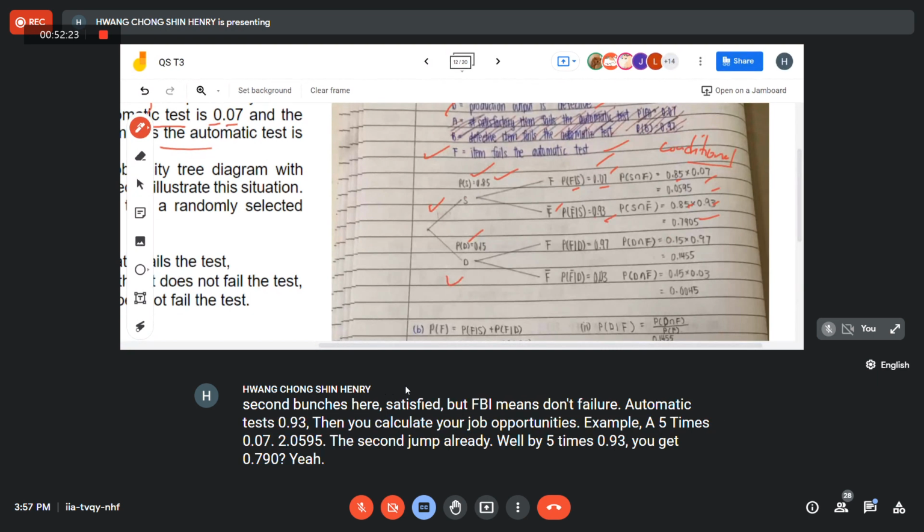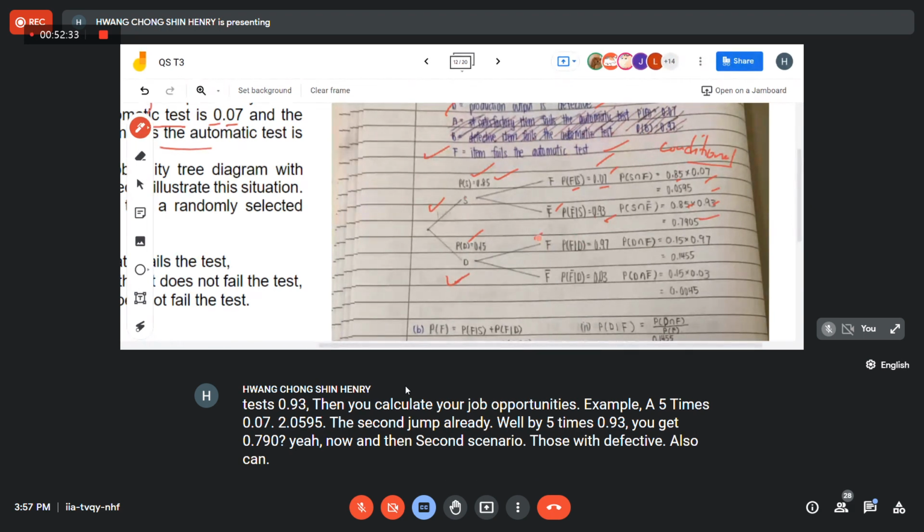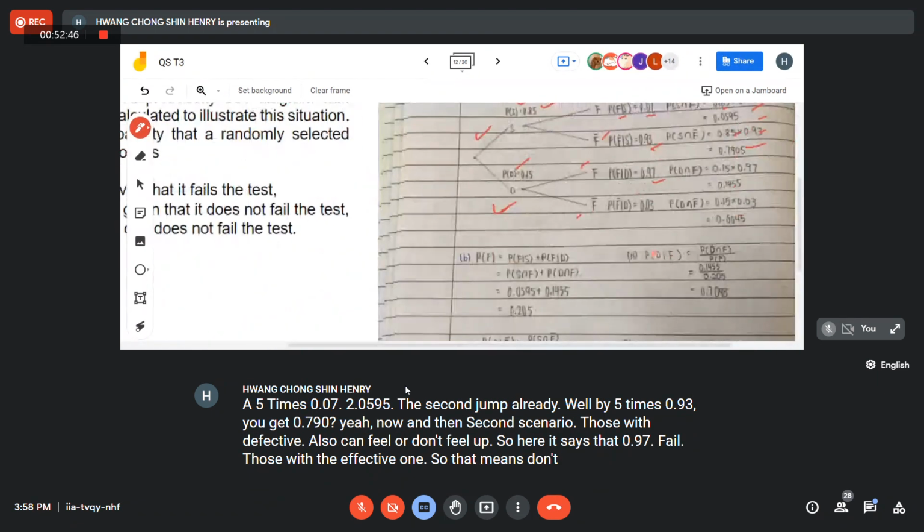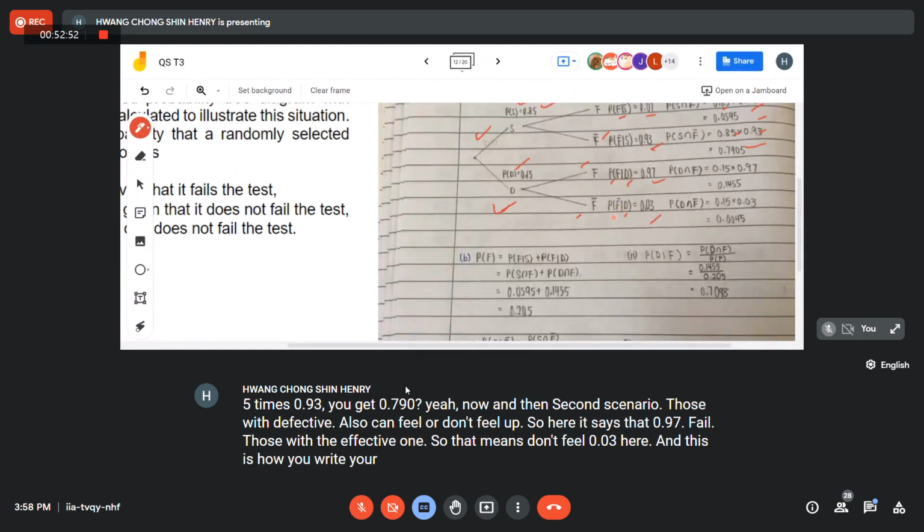Now, the second scenario, those with defective can also fail or don't fail. So here it says that 0.97 fail, those with the defective one. So that means don't fail, 0.03. And this is how you write your conditional probability.